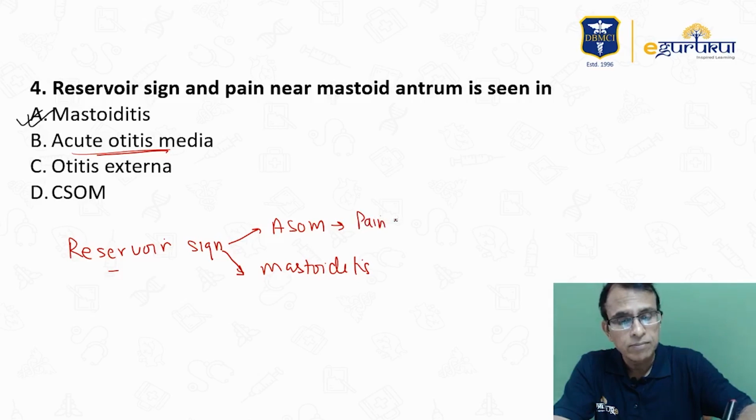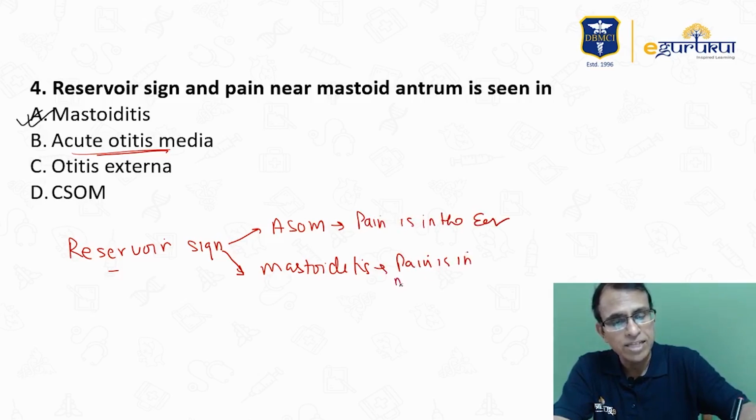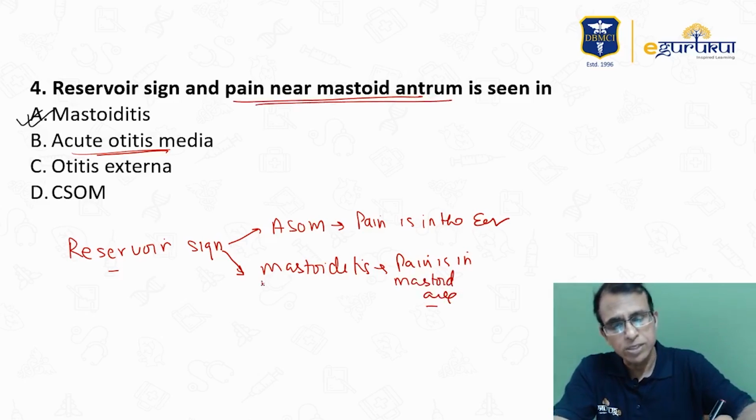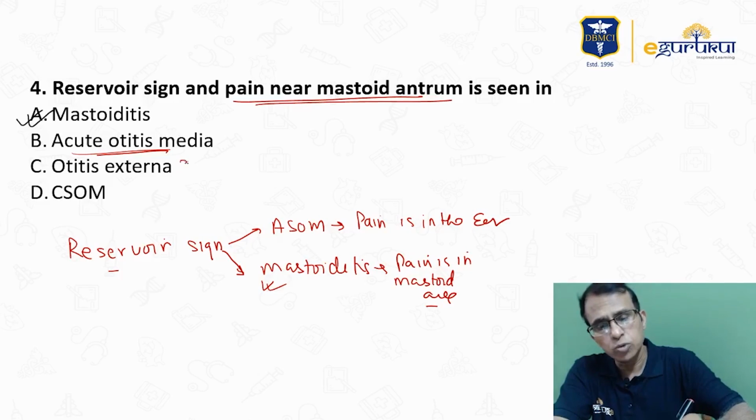Pain is in the ear. In this, pain is in the mastoid area, and because the pain is near the mastoid antrum, obviously it has to be mastoiditis. In these two, there is no reservoir sign.